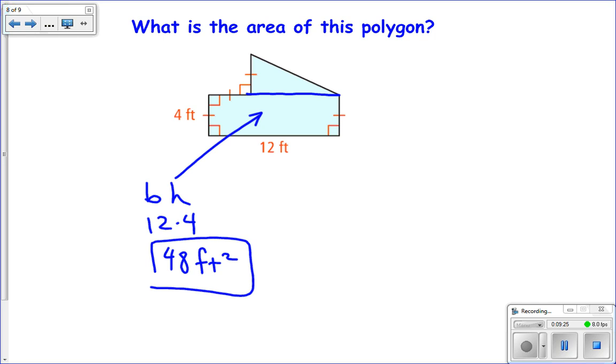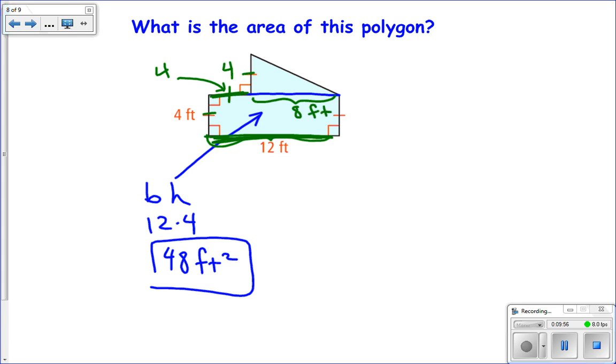Okay. Now, because of this tick mark right here, same as this one, I know that this is the length of 4. But finding this length is a little trickier. I will have to use the fact that this is also a tick mark, so this length must be 4. And this entire length is 12. So what they've done is taken 12 and subtracted this length of 4, and I'm left with a length of 8 feet.